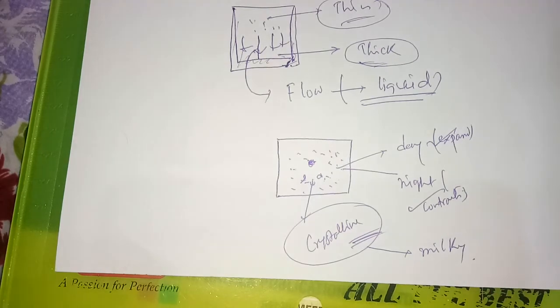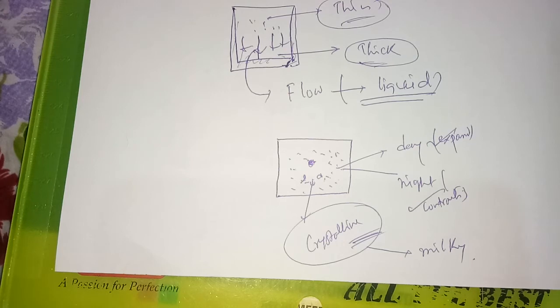So actually what we read in today's class is that we have divided the solid into two parts. One is amorphous, another one is crystalline. The amorphous one is that which has no definite geometry, and the crystalline one is that which has definite geometry.